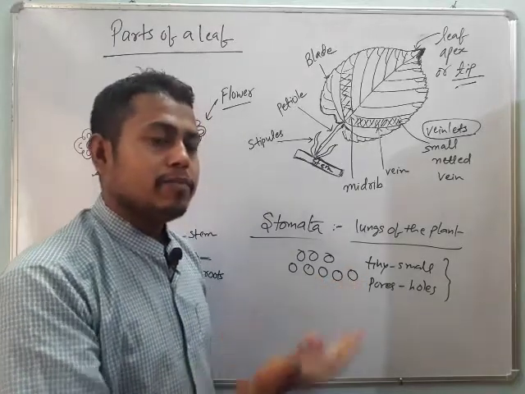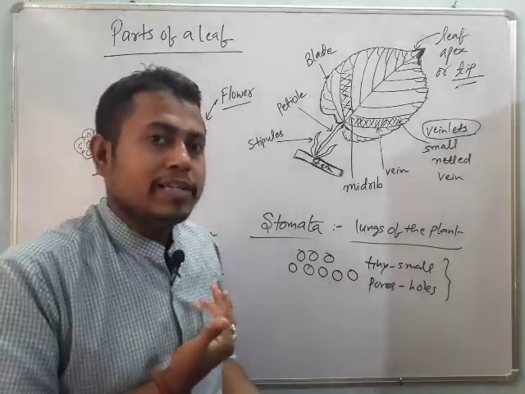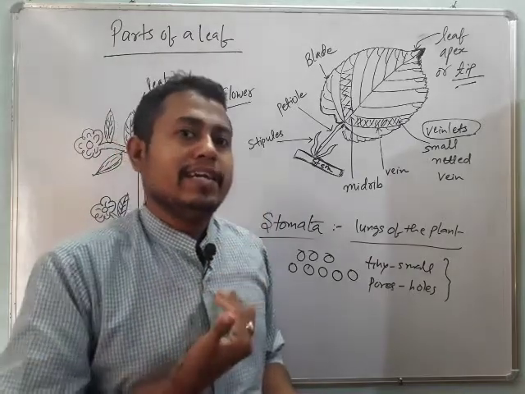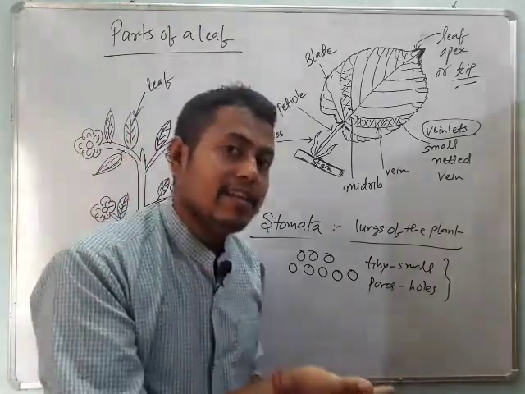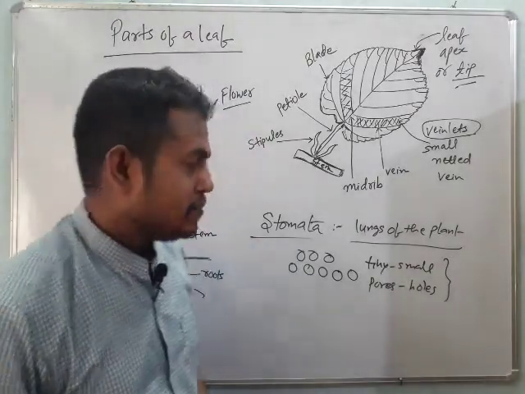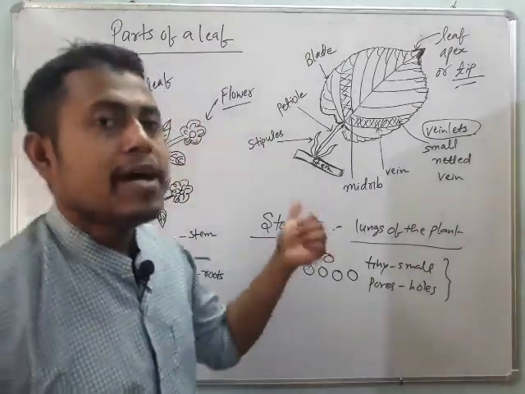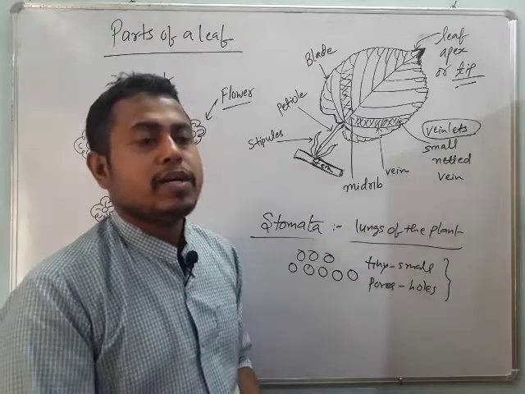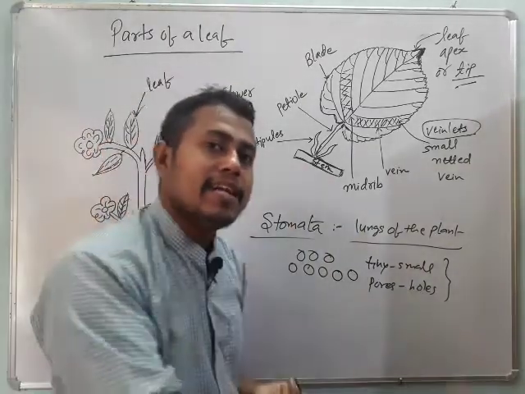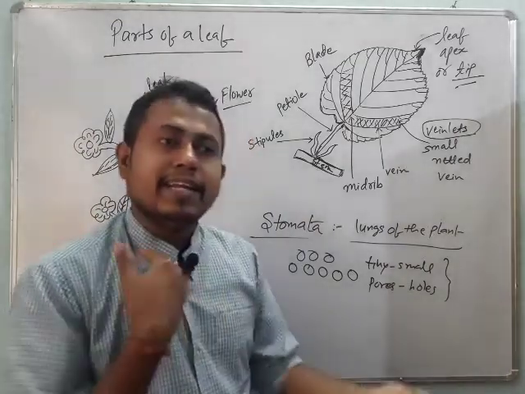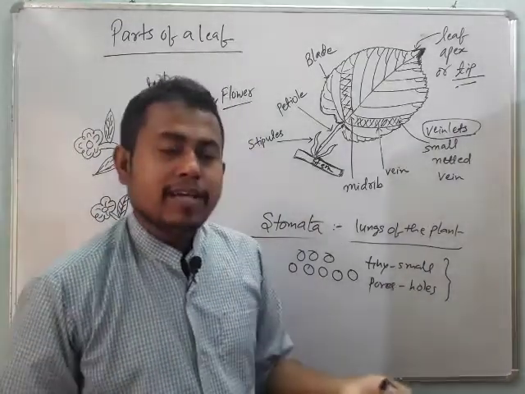We human beings inhale oxygen and exhale carbon dioxide. So plants, what do they do? They inhale carbon dioxide and exhale oxygen. They release oxygen. Why?